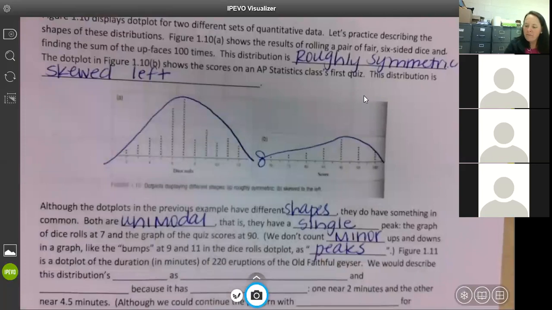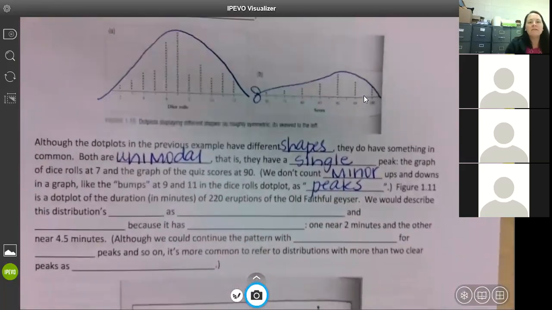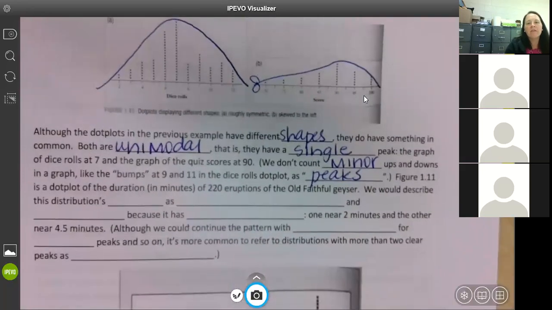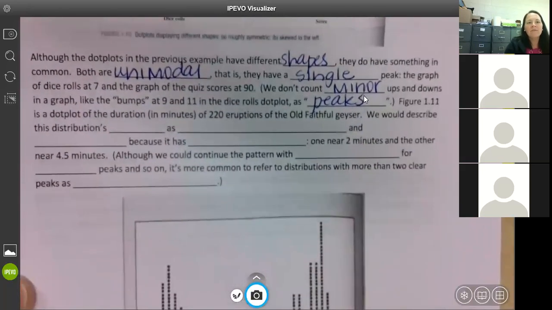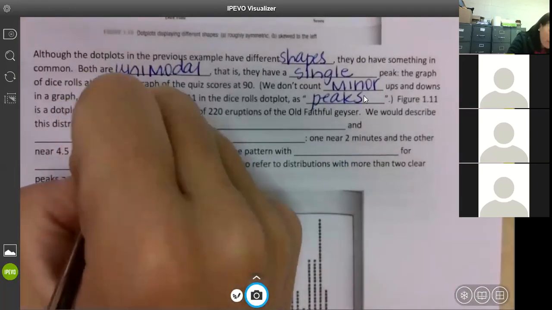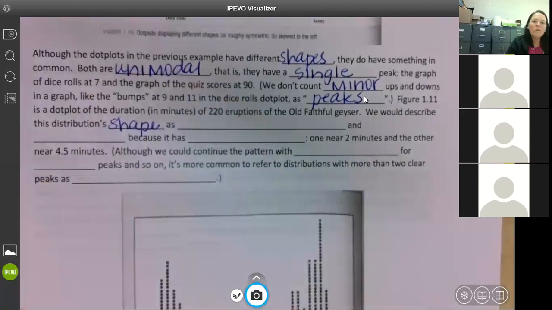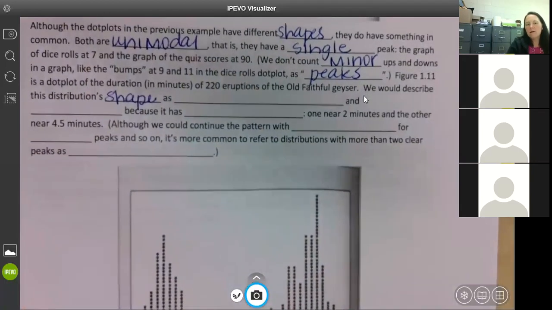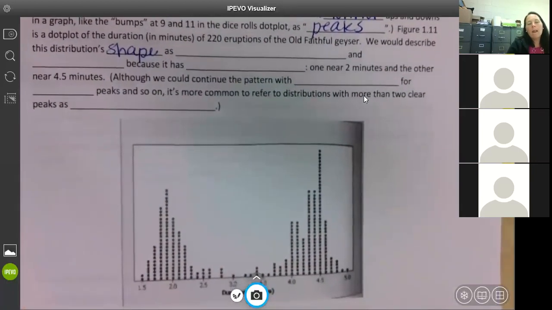If you look at the bottom figure, figure 1.11 is a dot plot of the duration in minutes of 220 eruptions of the Old Faithful geyser. We would describe this distribution's shape. What would this one be? Roughly symmetric. Why is it roughly symmetric?